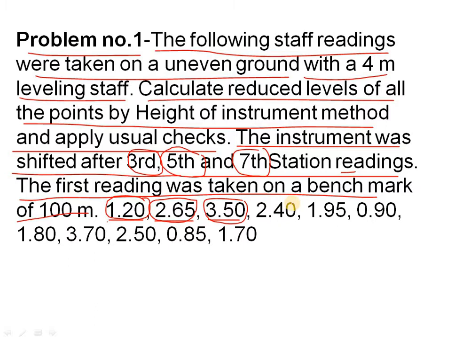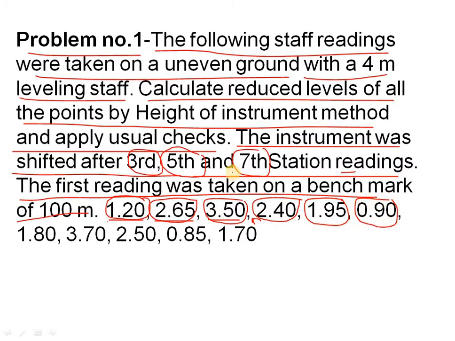After that 2.40 will again be the BS. So here we get change point 1, that is the 3rd reading where FS occurs, and back side 2.40. After that again we get an intermediate side, that is 1.95, and FS we are getting is 0.90.